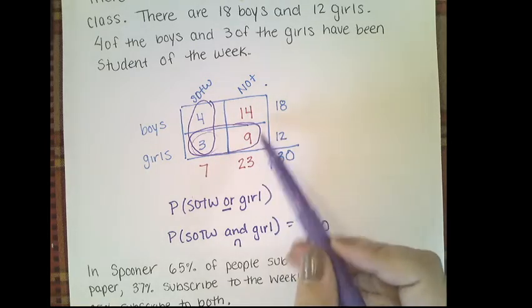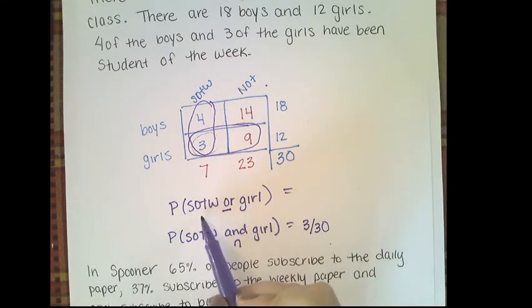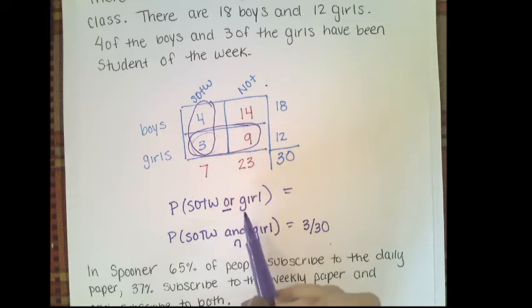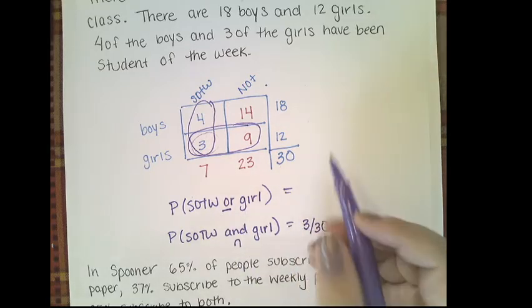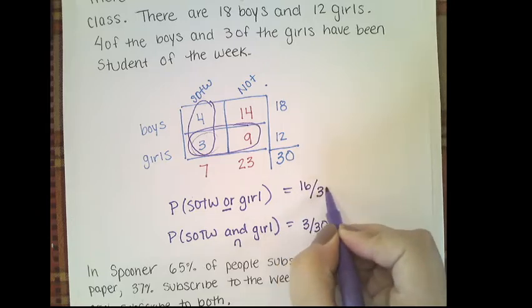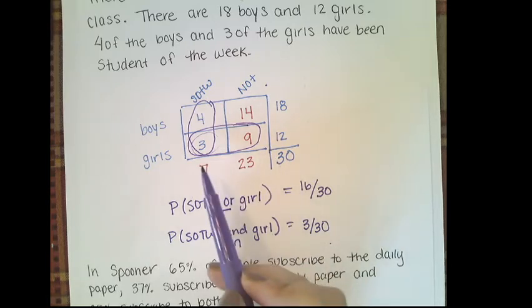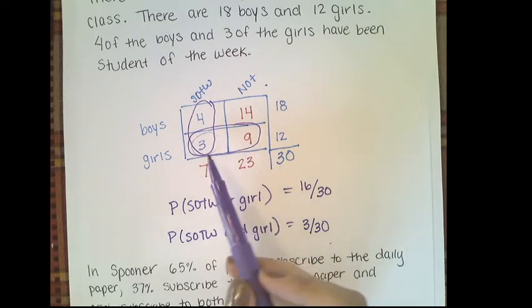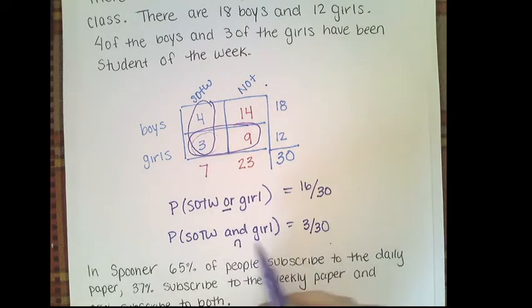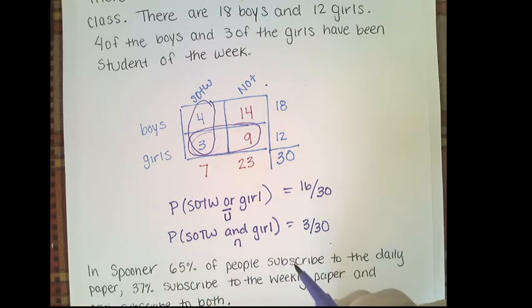So if we just add the 9, the 3, and the 4, that tells us the probability of Student of the Week or girl, which is 16 out of 30. So the or just means put them all together, Student of the Week and girl, and be careful not to double count. And means where do they intersect. So we have our union or our intersection.